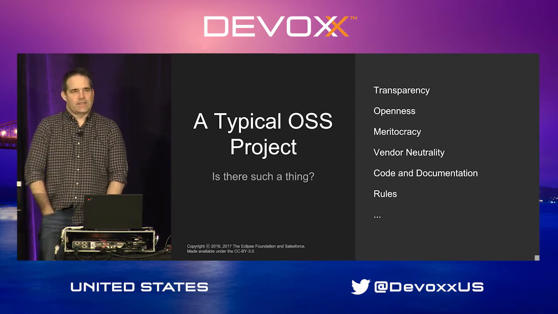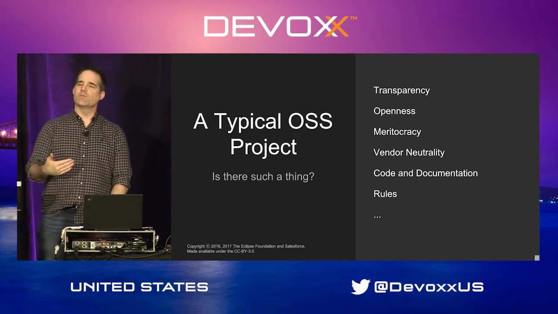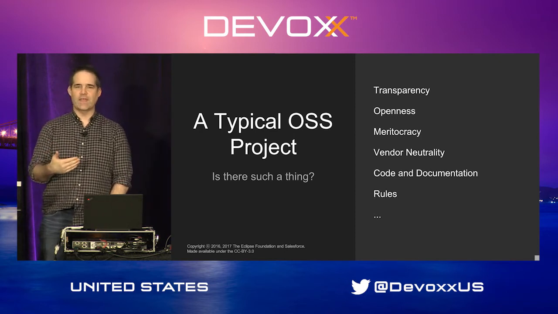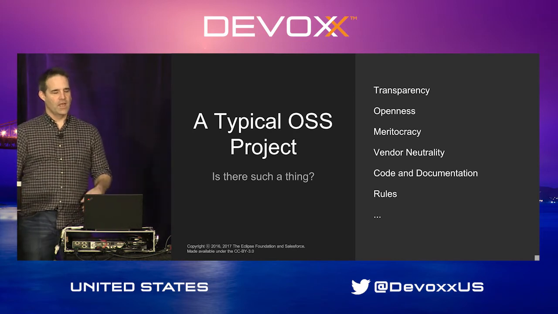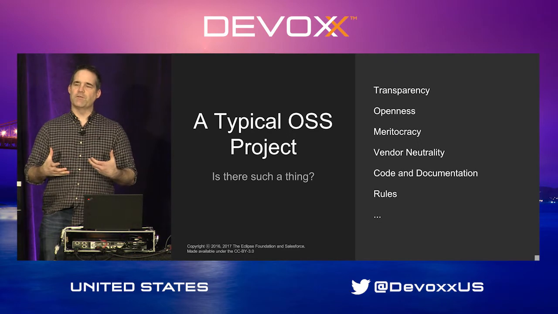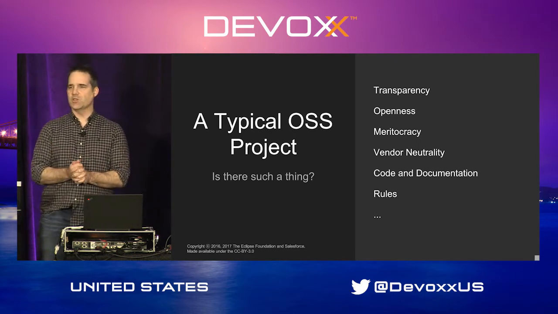Openness is a little bit different. It really depends on the nature of the open source project. For some people, open is the same thing as transparent, open book being the definition. We tend to think of open as having a broader definition. Open is really more about being open to others participating in your project.